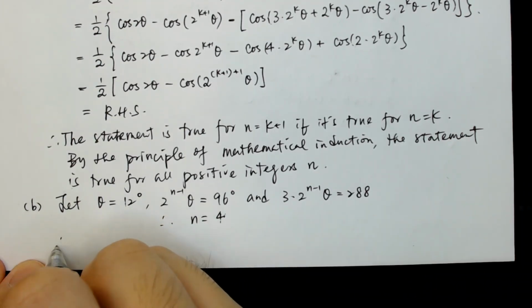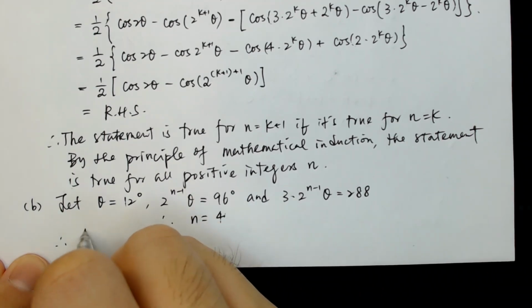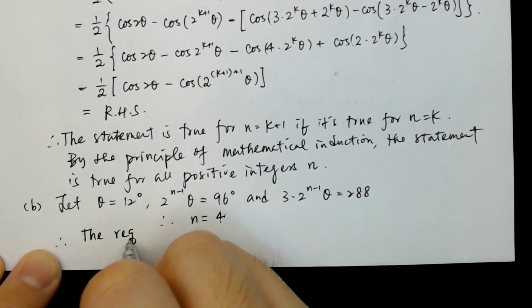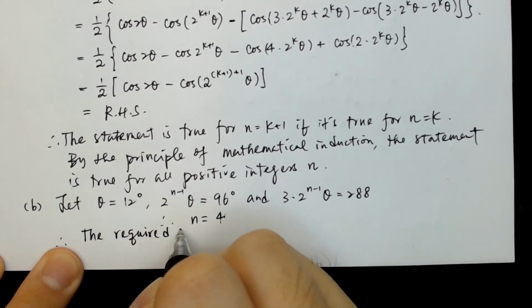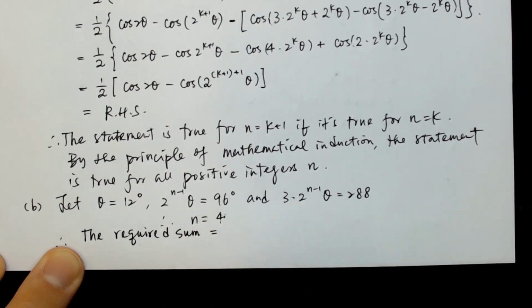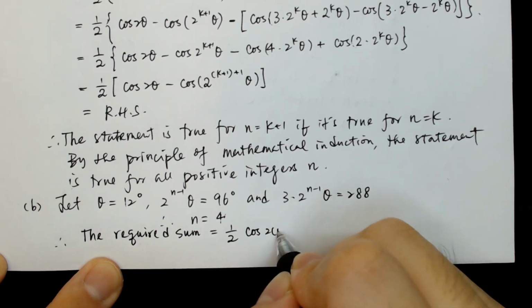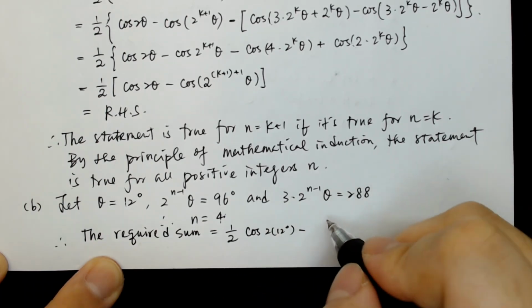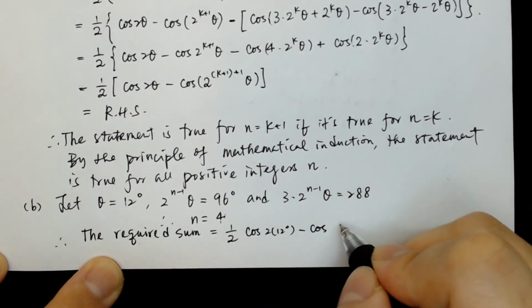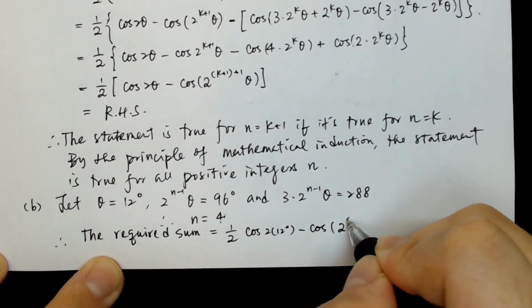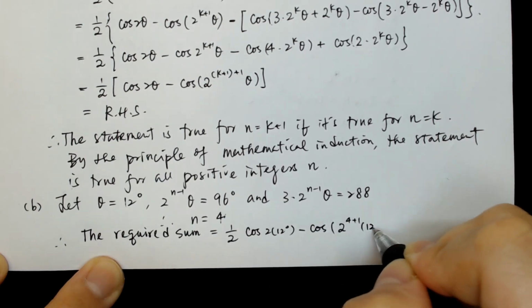And so the required sum is equal to half of the cosine of 2 times 12 degrees minus cosine of 2 to the power of 4 plus 1 times 12 degrees.